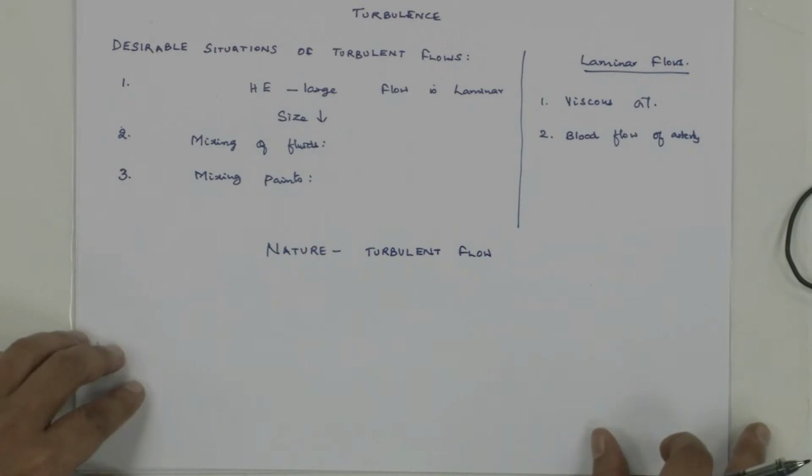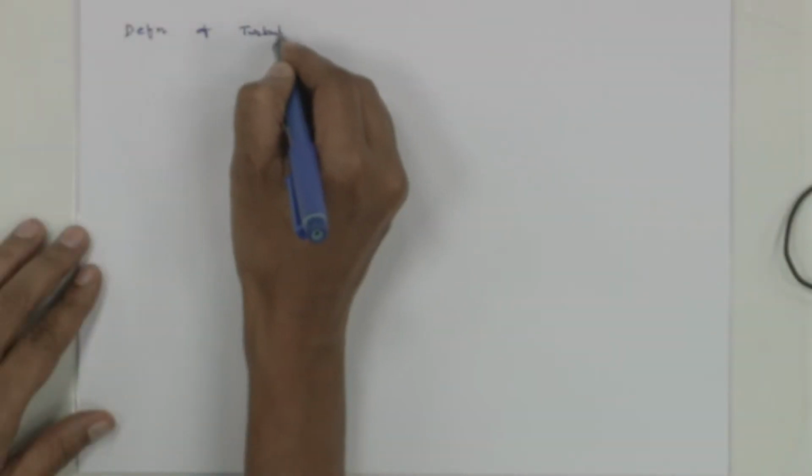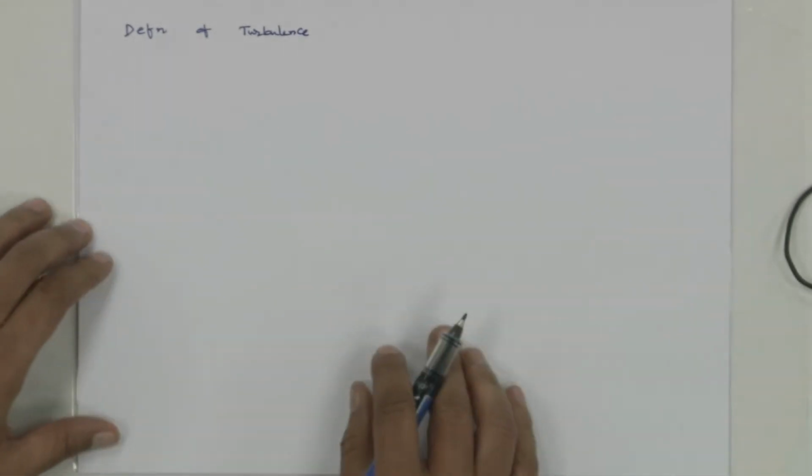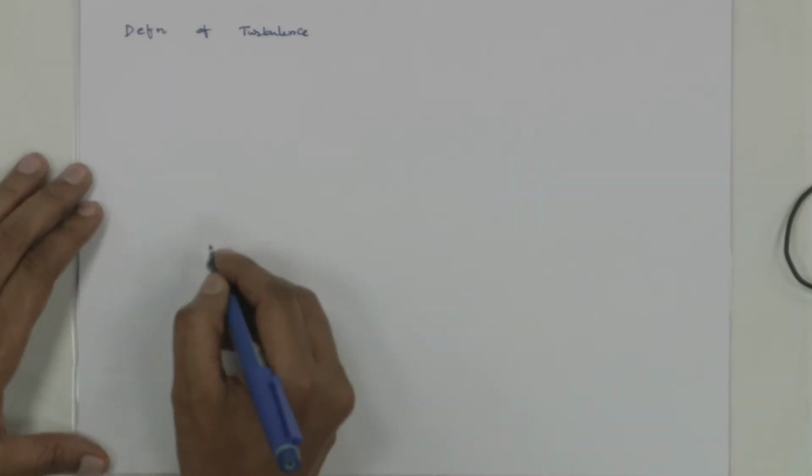Now Reynolds and Taylor and Von Karman, they all attempted to define turbulence. That is, the definition of turbulence. Although it is a sentence, I would like to write it.